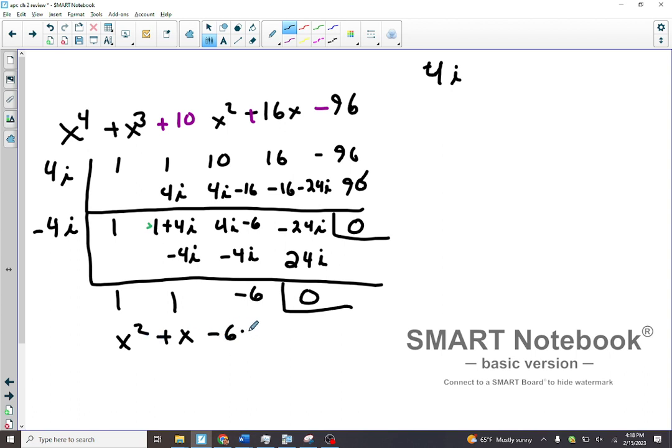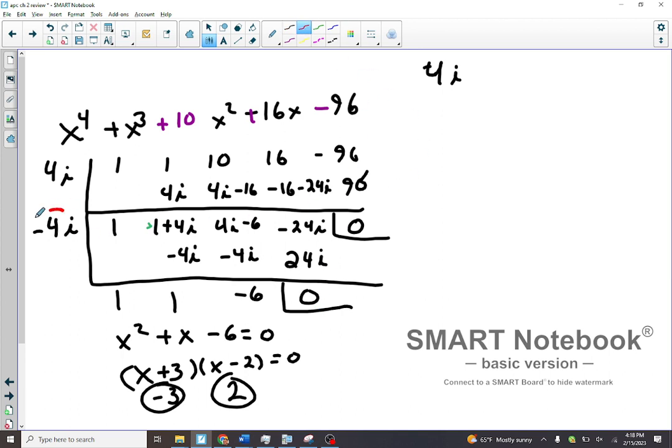In this situation, I can set it equal to 0. So x plus 3, x minus 2. So then you get positive 2 and negative 3, as well as the negative 4i. So your answers are negative 4i, negative 3, and 2.